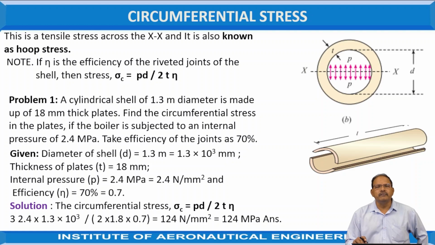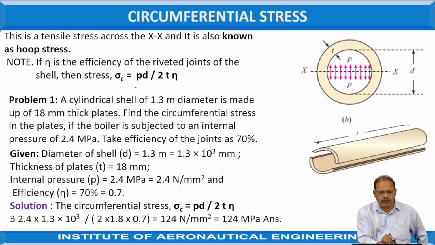Generally it is compared with the original strength of the material. It is always less than 1, or less than 100% when expressed as a percentage. In that case, the hoop stress induced in the cylinder is given by PD divided by 2t.